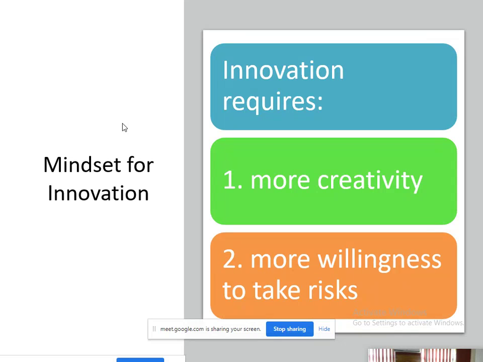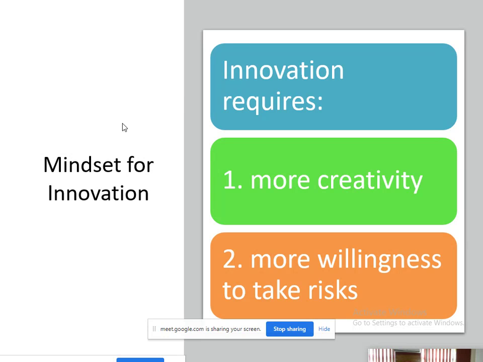Okay, so for this innovation, we have some mindset. Creativity must be there in the mindset, along with more willingness to take risk. That means to have innovation and to be motivated, we must have some creativity. We must have some creative knowledge so that we can apply it in our organization.